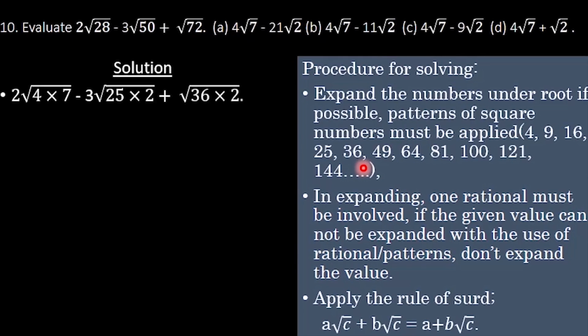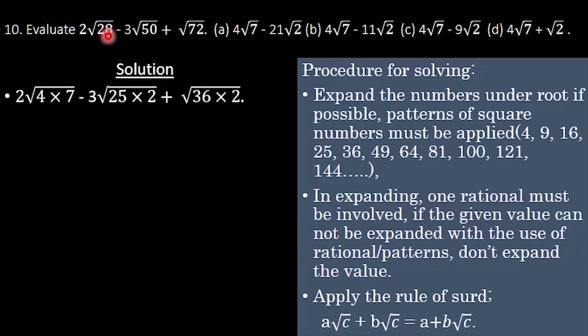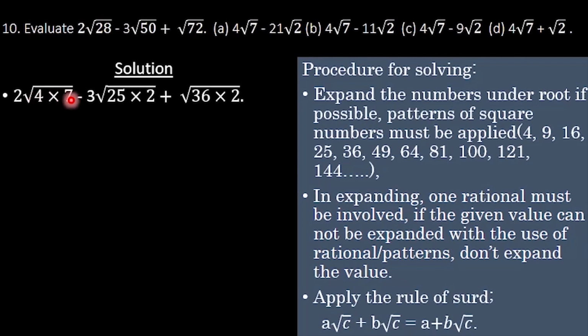Now don't forget that for us to expand this number, we must involve patterns of square numbers. Our patterns of square numbers are 4, 9, 16, 25, and so on and so forth. Let's take what can go out of this pattern of square numbers to divide this value, and what can go here is only 4. We now have 4 times 7 minus 3.